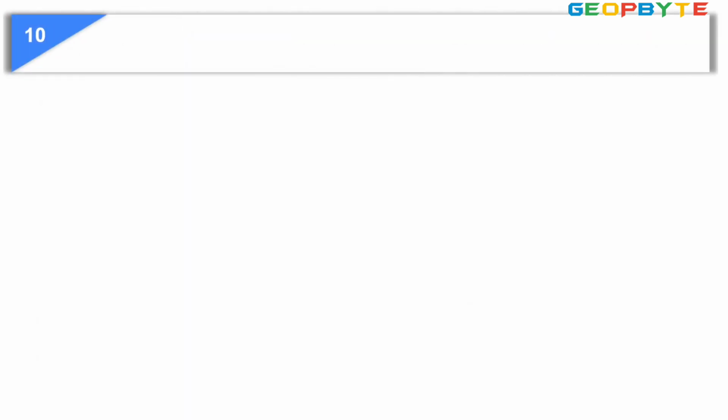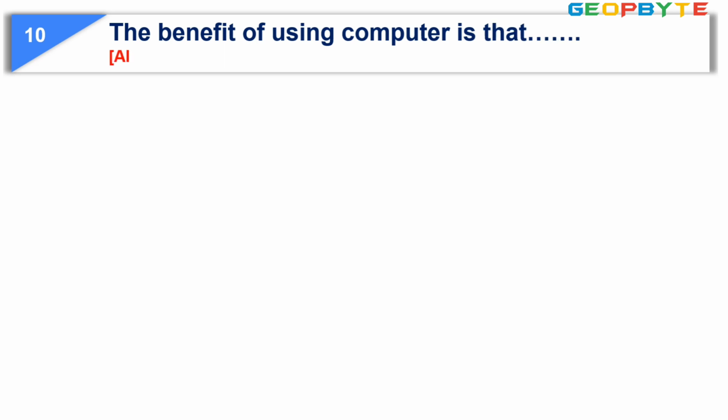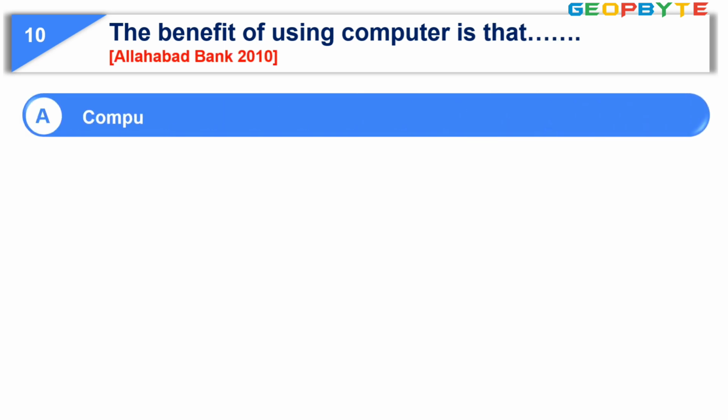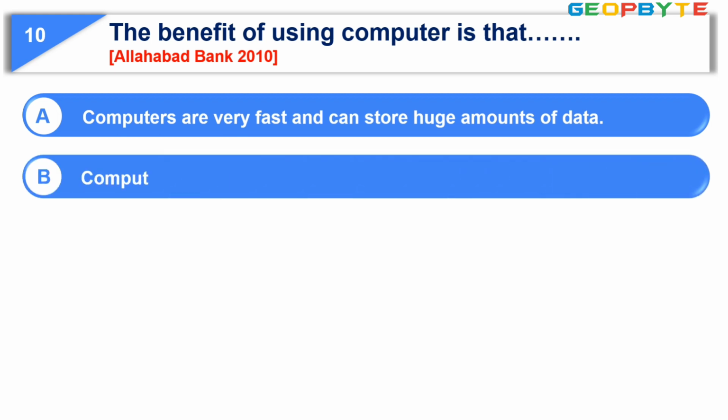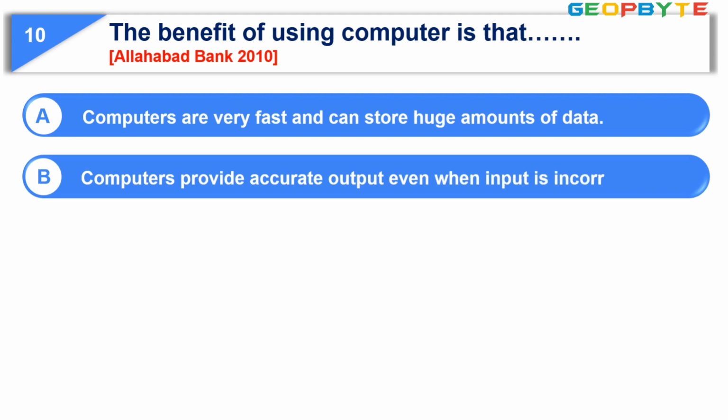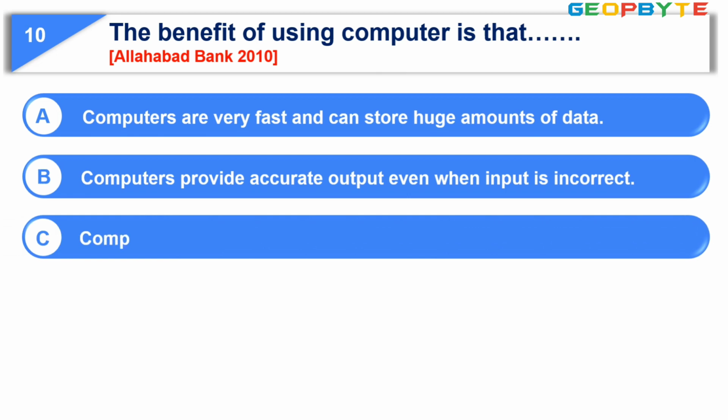Next, moving to question number 10. The benefits of using computer is that: option A, computers are very fast and can store huge amounts of data. Option B, computers provide accurate output even when input is incorrect.